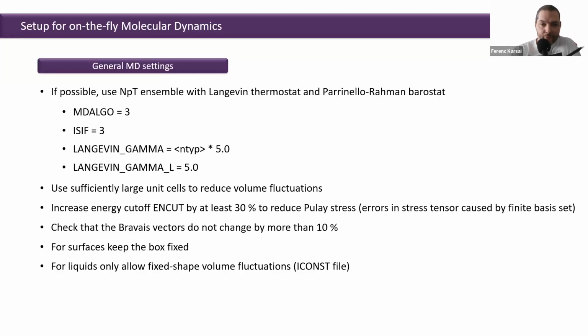Then next, for surfaces, keep the box fixed. And last, for liquids, only allow fixed shape volume fluctuations, or only piston-like calculations where you keep two lattice constants fixed, but allow the third lattice constant to fluctuate. This is like a piston.